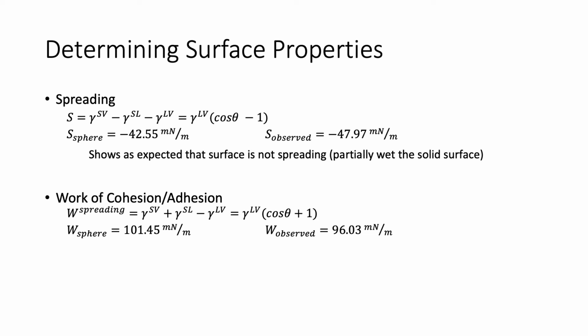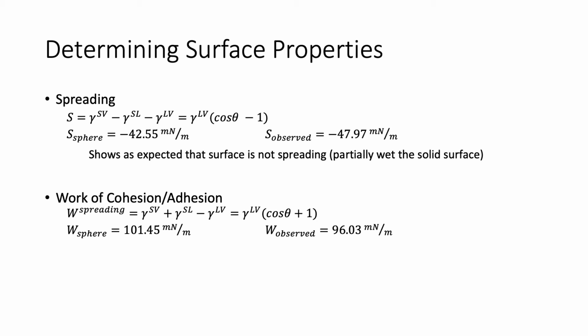So to determine spreading, based on the spherical approximation and the observed approximation, both ended up showing a negative value for the spreading factor, which does show that, as expected, the surface is not spreading and is actually getting partially wetted by the water droplet on the surface, which is expected given the properties of stainless steel.